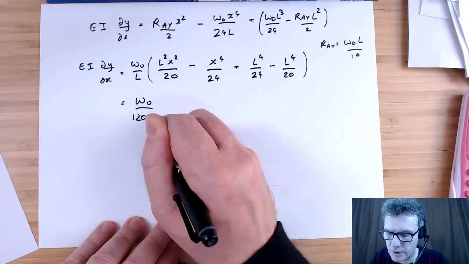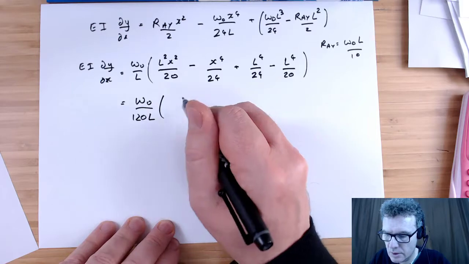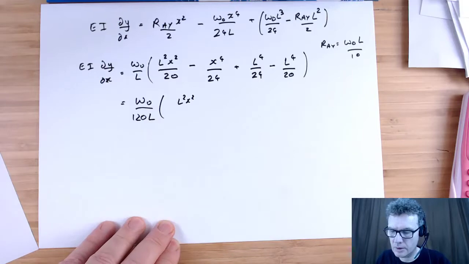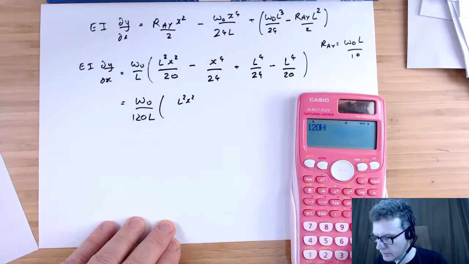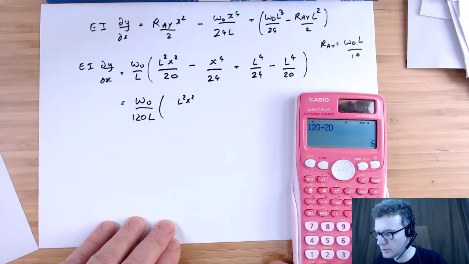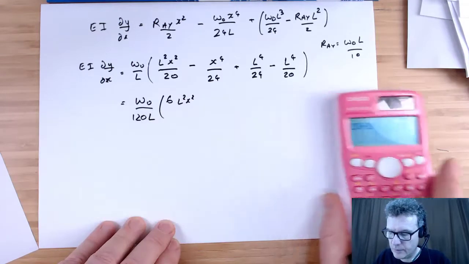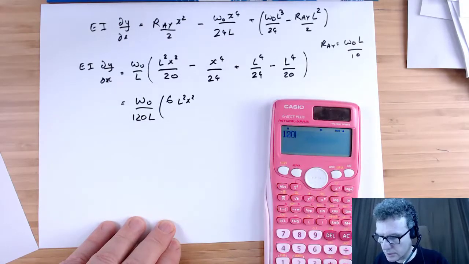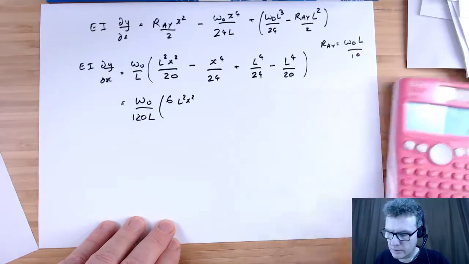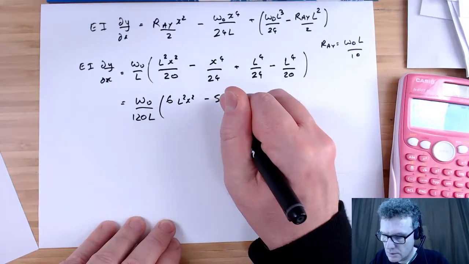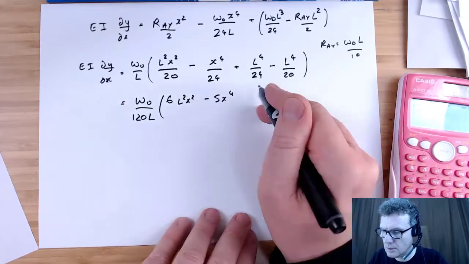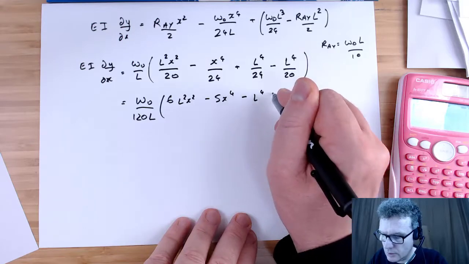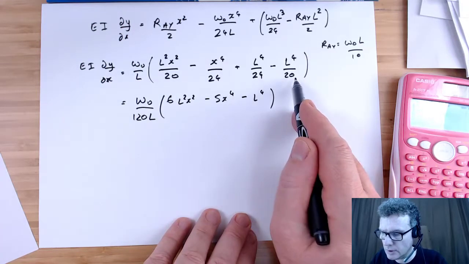So 120 L squared x, 120 divided by 24, 5. And that was minus L to the 4. Yeah, because that was a minus 1/20.